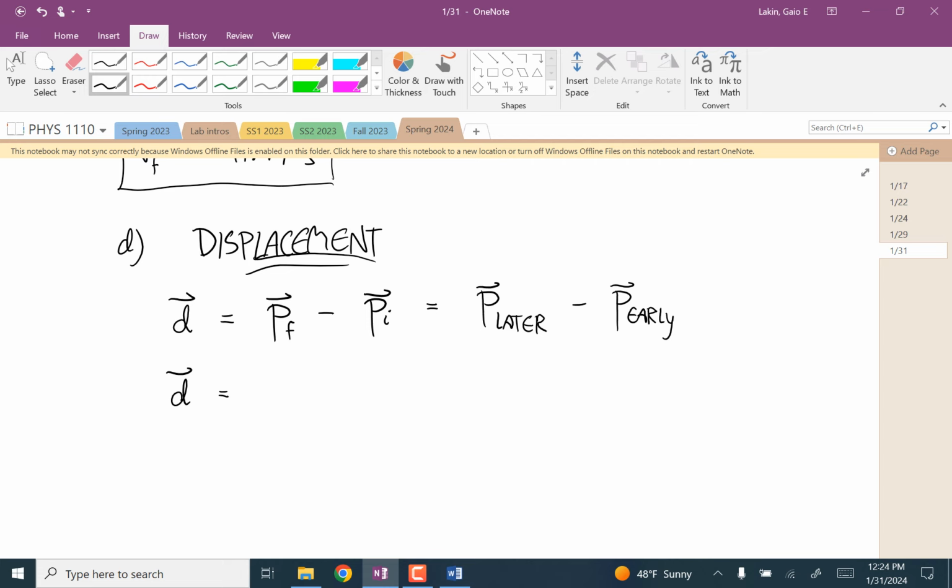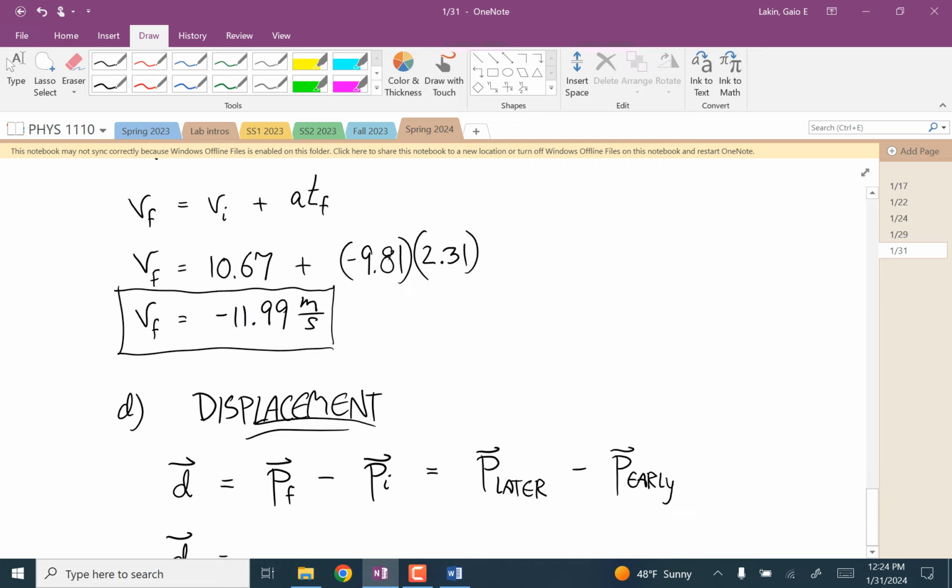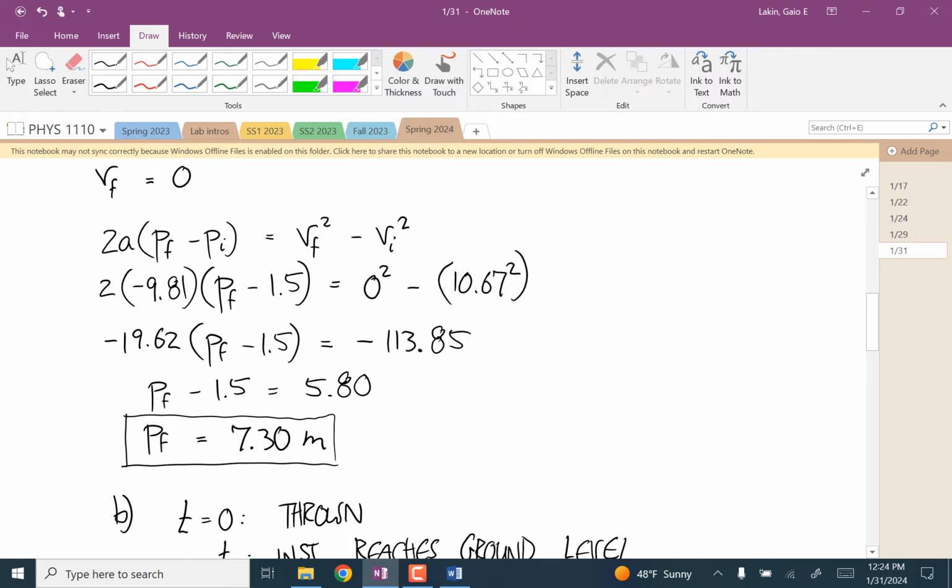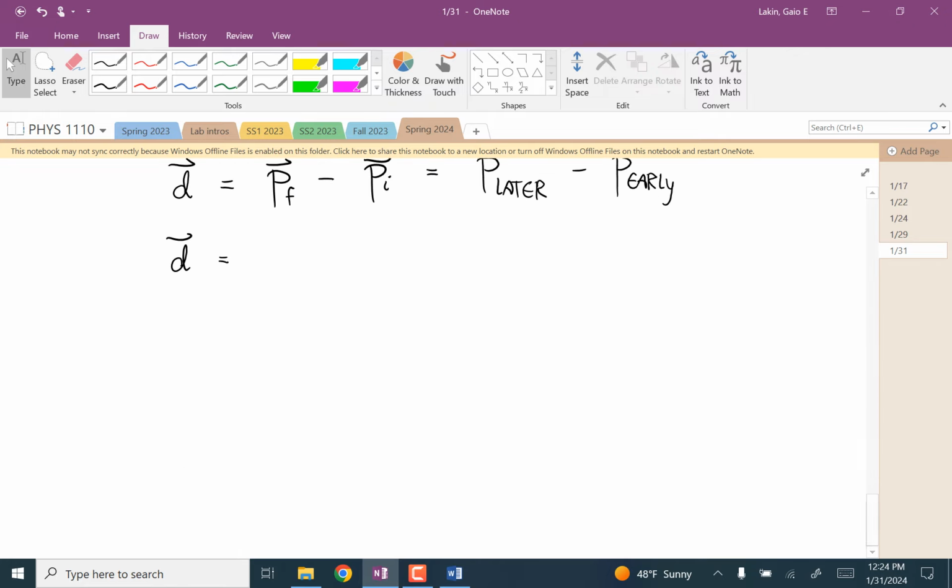Yeah, so we're going to go the position at the highest point, which was the first thing we calculated, 7.30, minus the position when it's thrown, 1.5. And so we get an answer of 5.80.